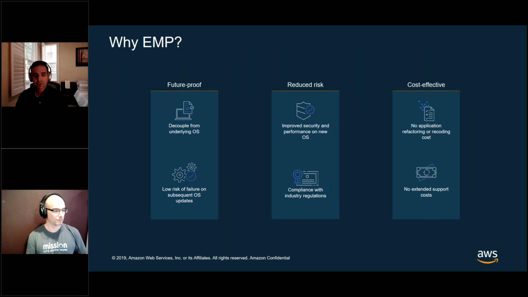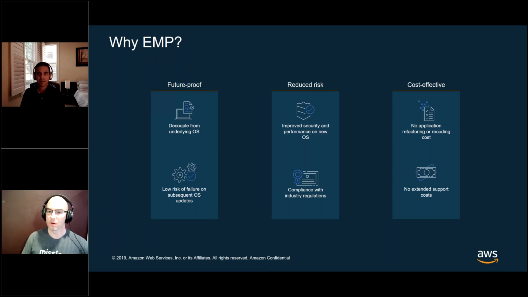So EMP allows you to basically future-proof your applications. As part of the EMP packaging process, we are decoupling the underlying operating system dependencies that the app has, and we're packaging that in a self-contained package, which allows the app to run forever within that package on a new version of the operating system.